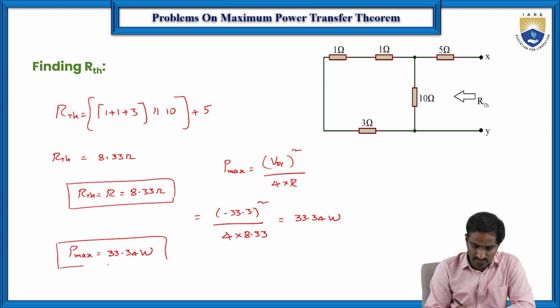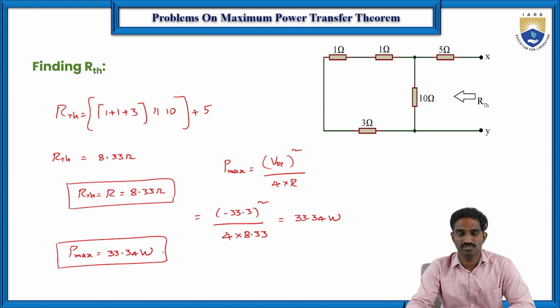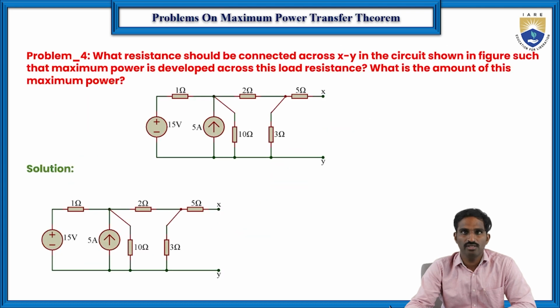So this is how we can apply the maximum power transfer theorem to find the value of the load resistance, as well as the maximum power flowing through that particular load resistance, right? Then coming to problem 4.